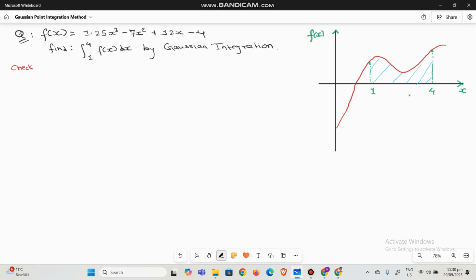The question says you have to find it using the Gaussian integration method, but first let's check what the integration value of this function is manually. If you just use the calculator and calculate the integral of this function, minus 7x squared plus 12x minus 4, times dx, then your integration value is going to be 10.6875.